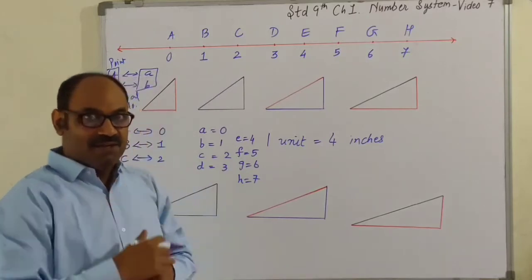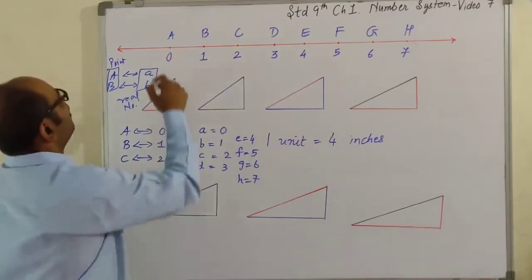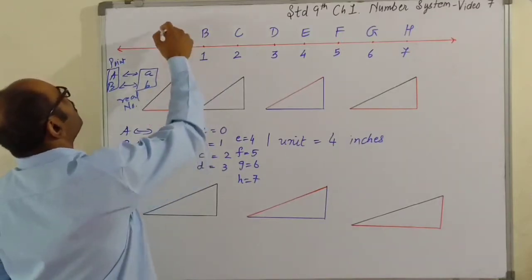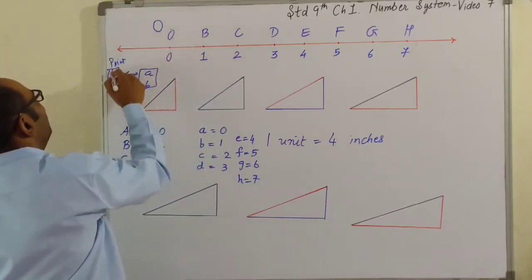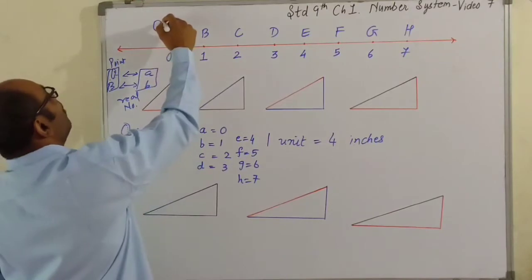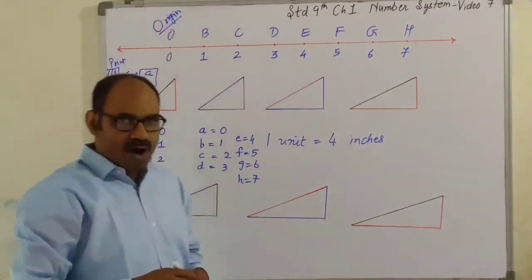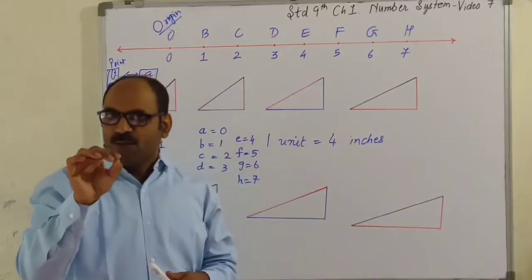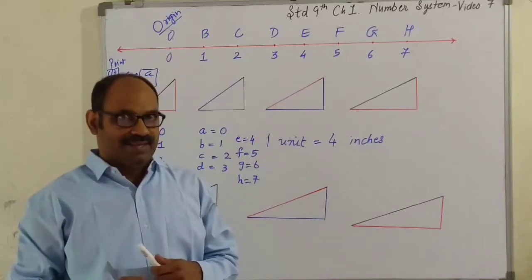Now what is interesting to understand here is how far this number corresponding to 0 is. Let me say O, children. Forget E. Forget A. That point is O. Why I am saying O? O for origin. Normally, if the number corresponding is 0, then we call it origin on the number line.